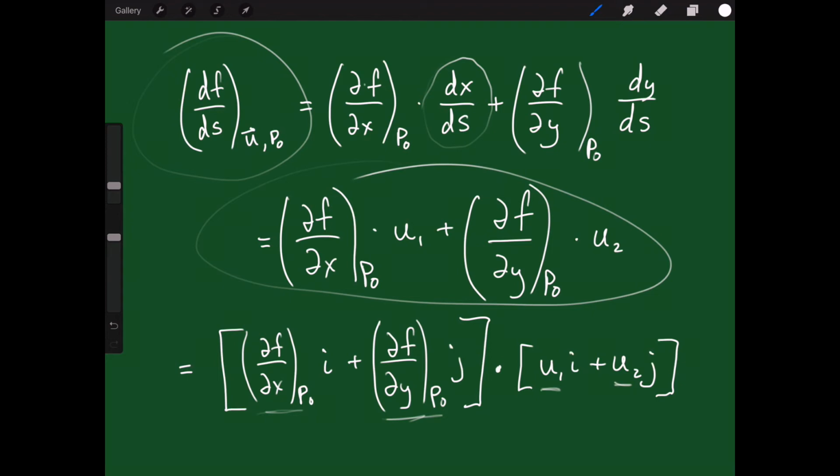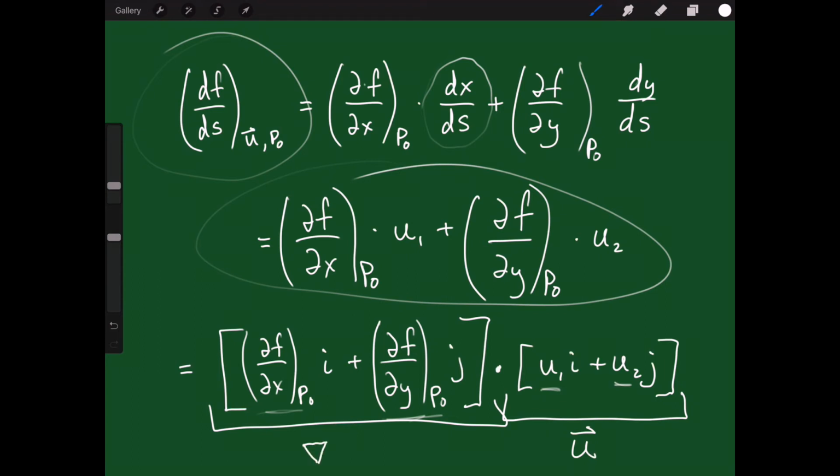So this gets me exactly what I want. This piece right here I'm familiar with. This is called my unit vector u. So I'm dotting that together with another vector, and we don't have a notation for this other vector yet, but we're about to. We're about to call it the gradient vector. And so I'm going to write it this way.